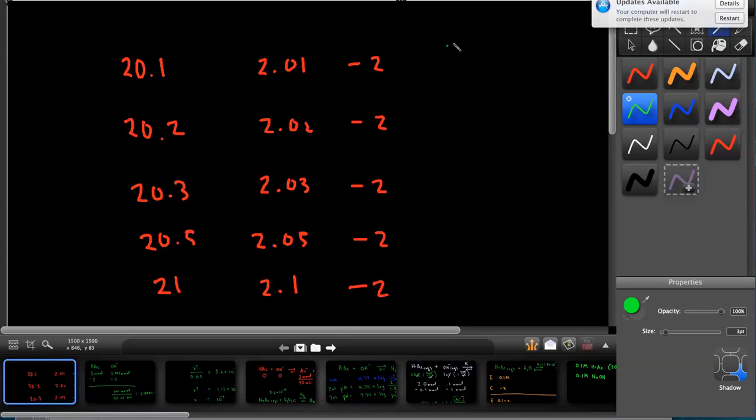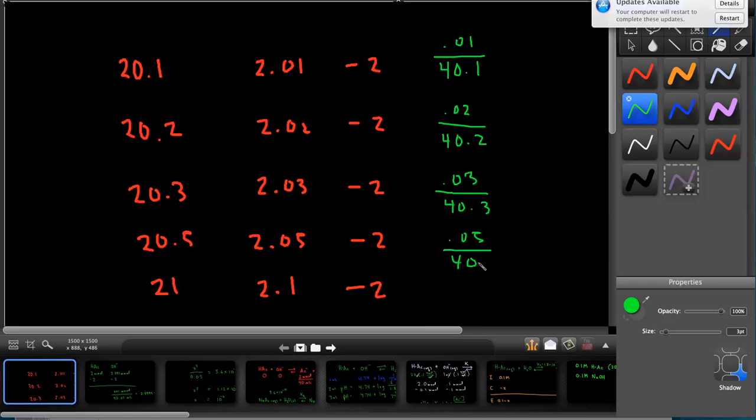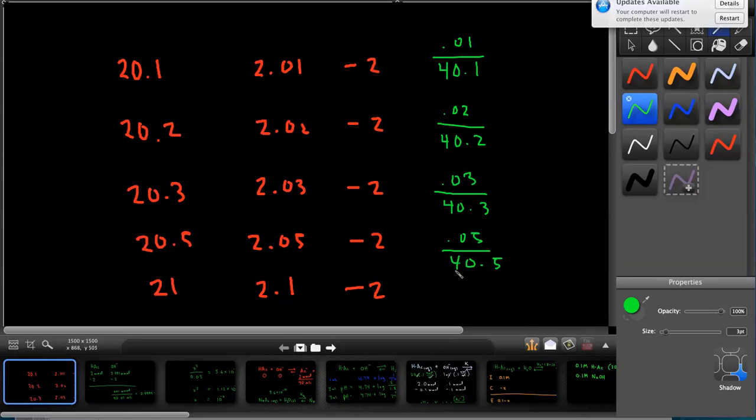Which means I have 0.01 divided by 40.1. I have 0.02 divided by 40.2. I have 0.03 divided by 40.3. 0.05 divided by 40.5.